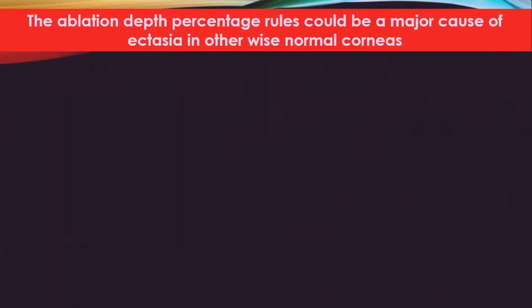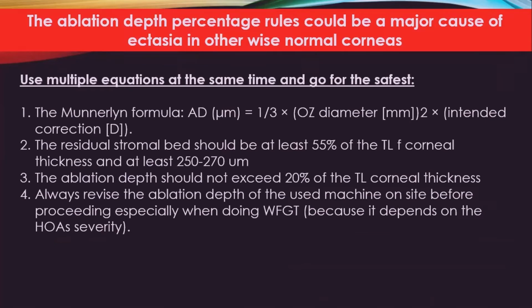So moving to the next part, the ablation depth percentage calculation. Usually, I've seen many doctors, and myself, use multiple equations while planning the stromal ablation. The famous Munnerlyn formula, by knowing the optical zone I'm going to ablate and the intended correction, yields a result.